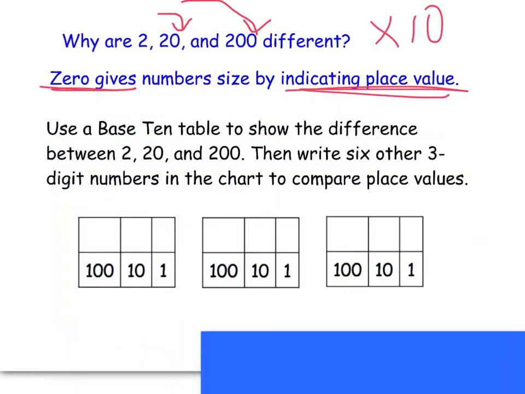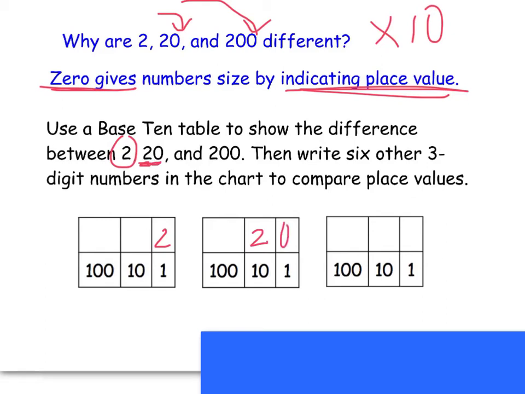So let's look at our base 10 table that we've seen before. Here it states, use a base 10 table to show the difference between 2, 20 and 200. So let's stop there. First of all, I want you to think, what place value is that 2 in? It's in the ones place. Yep, so we're going to put that 2 in the ones place. What place value is this 2 in? It's in the tens place. Good. So then that 0 means we have 0 ones.